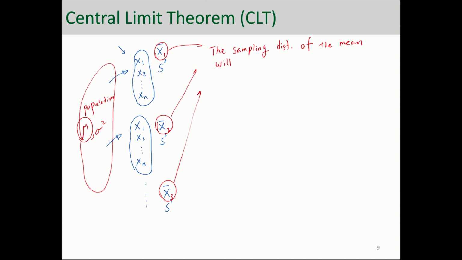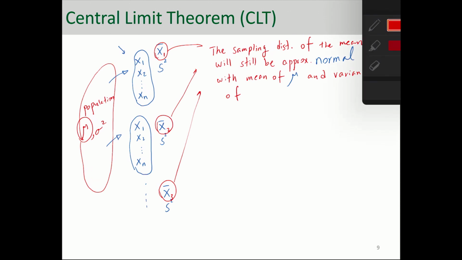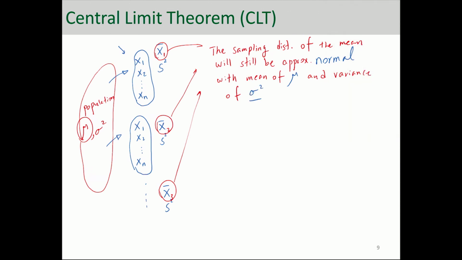The sampling distribution of the mean will still be approximately normal with mean of mu and variance of sigma squared over n.